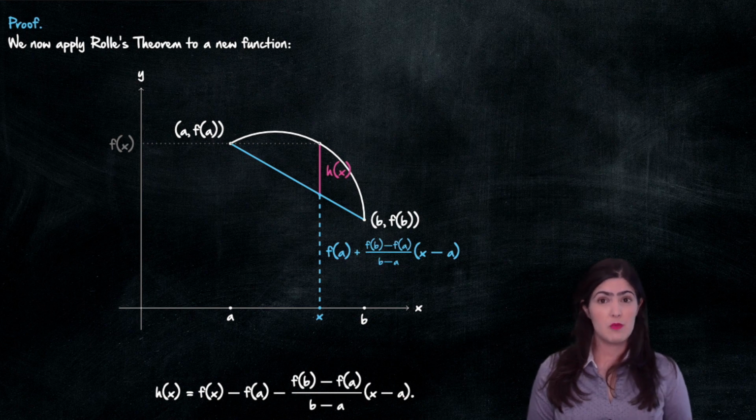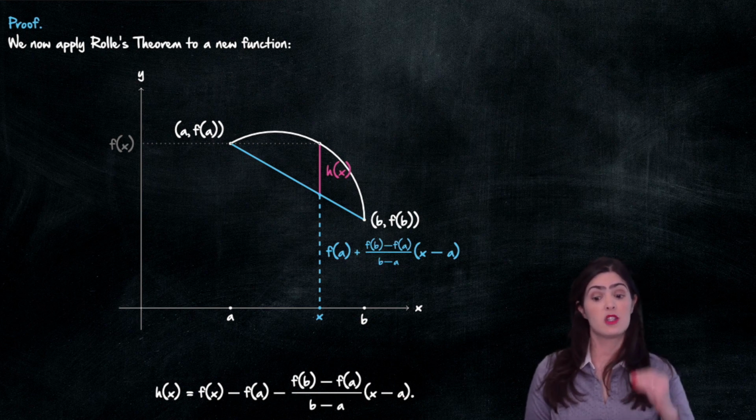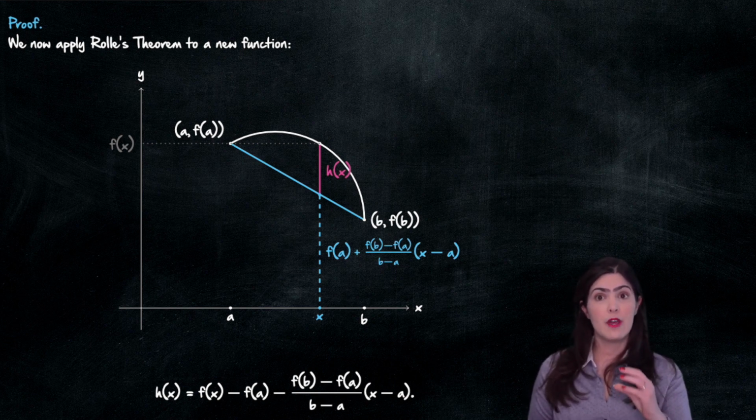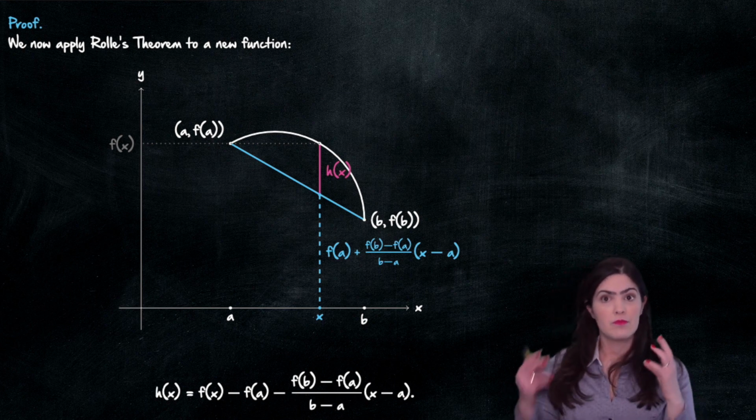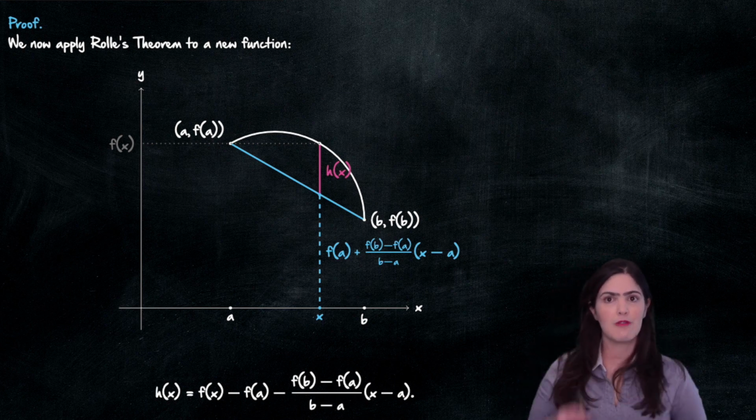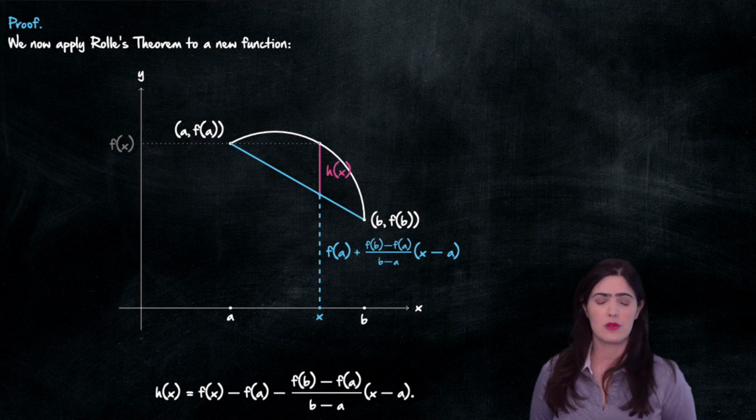The hard thing in this proof is finding this function h, finding a way to tilt my head algebraically to get a formula for my function so I can actually use Rolle's theorem.